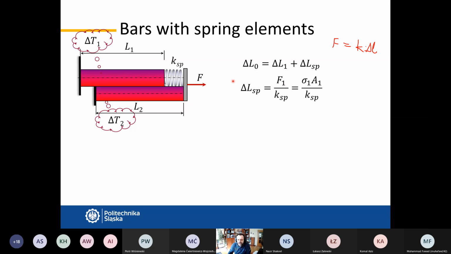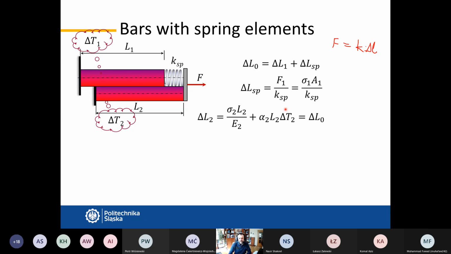So the force F1 is the force in the spring divided by K spring. And this is the force which is generated in the upper system as, of course, sigma A1. So it is sigma times A divided by K spring. This is one of the factors.